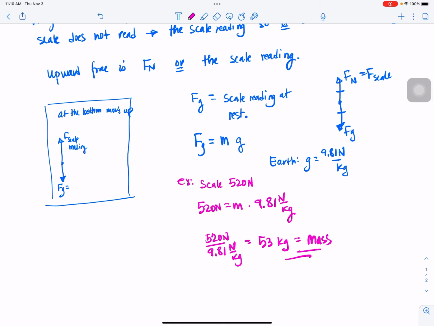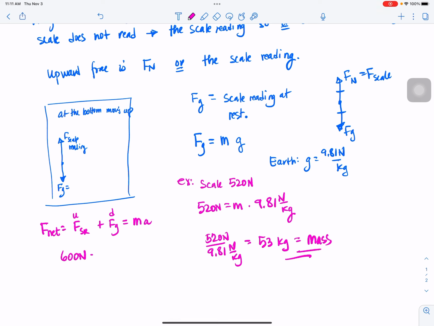So in order to find my net force, I know that F net is going to be the force of the scale reading plus my force due to gravity, and this is going to be my ma. This is up, this is down. So when I put in values, let's just suppose for the sake of argument my scale reading going up was 600 newtons.